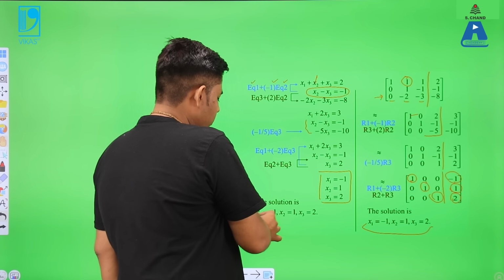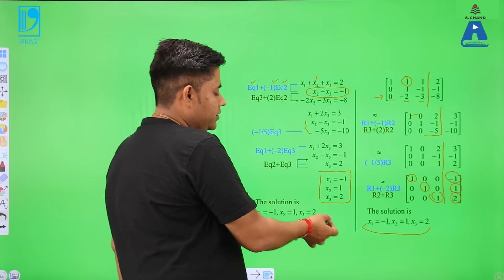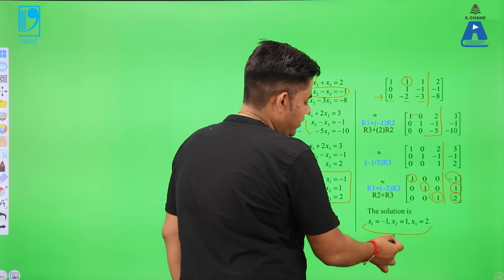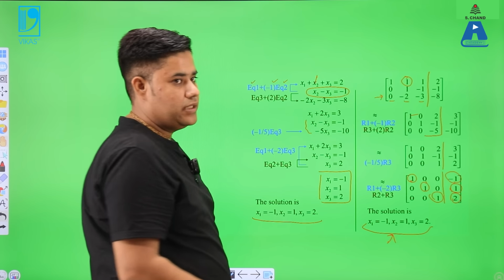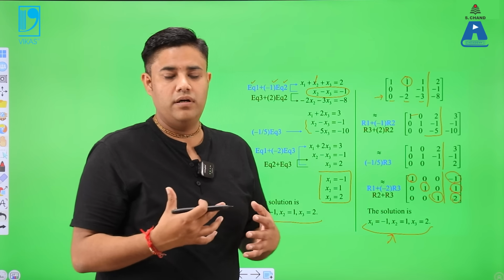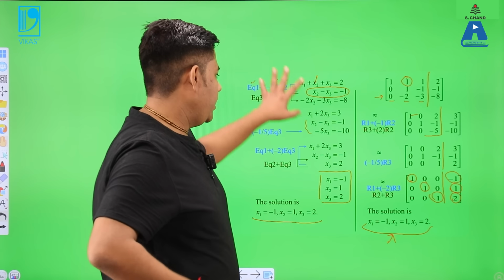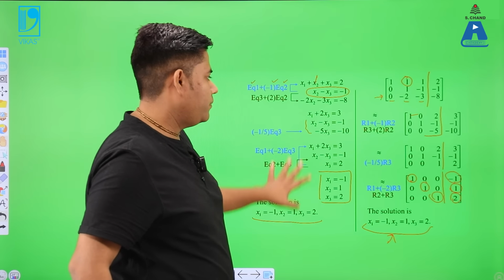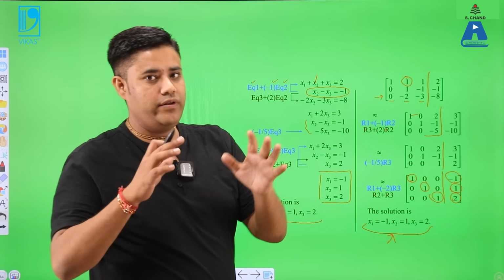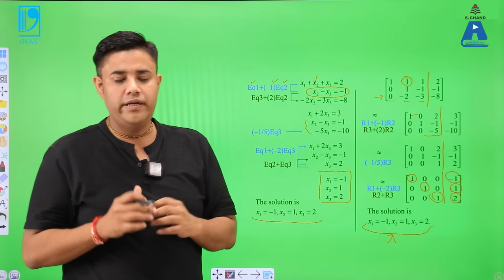So when I use the elementary transformation, I'll get these results, and when I use the elementary row transformation, I'll get these results. So that means these two are interconnected. When I am performing these kinds of operations, I need to write the majority of the equations many times.